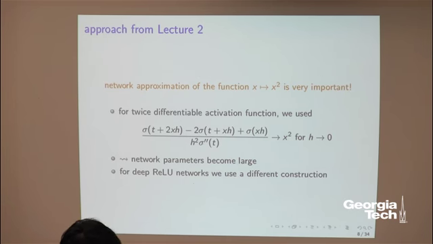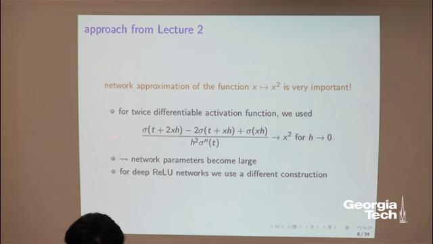Then there must be one point t where the second derivative is non-zero, and you can use a finite second order difference to approximate the second derivative. If you rescale everything, you get x squared as h tends to 0. The left-hand side is something you can build with a shallow network, but of course you have to let h tend to 0 to get a good approximation rate.